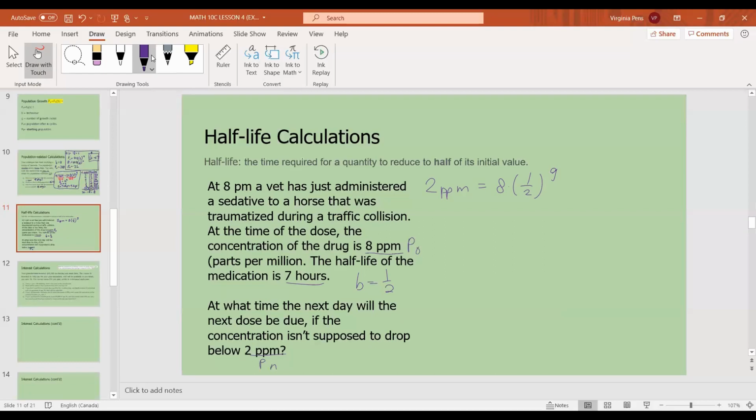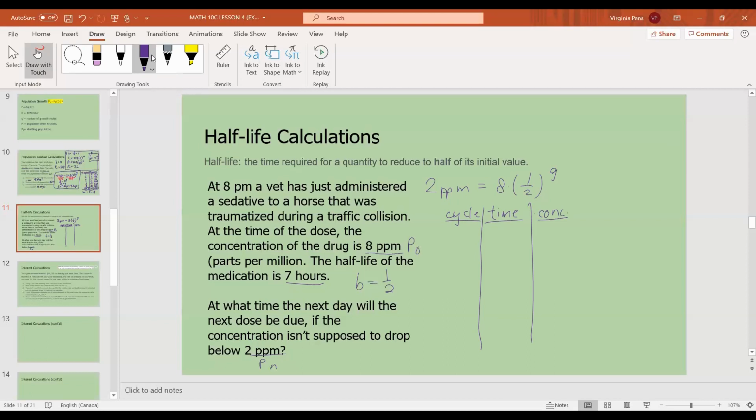In this, we have multiple ways of solving. We can organize all of our data into a table like we did for the last question. So in this table, we're going to have the cycle number, the time, and the dose concentration.